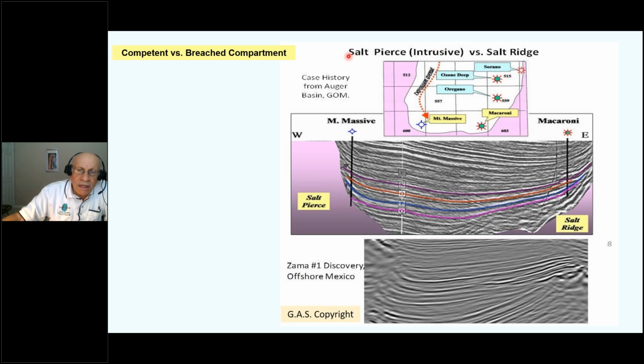Here is an example I show a lot. Here is a basin, they call it the Auger Basin, in the Gulf of Mexico. One side of the basin, we have all kinds of discoveries, Macaroni, Oregano. This is not deep water, just off the shelf, like 400, maybe 600 feet water depth. And then here is a seismic line between Macaroni and this dry hole.